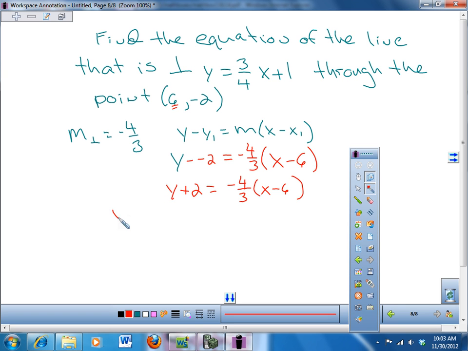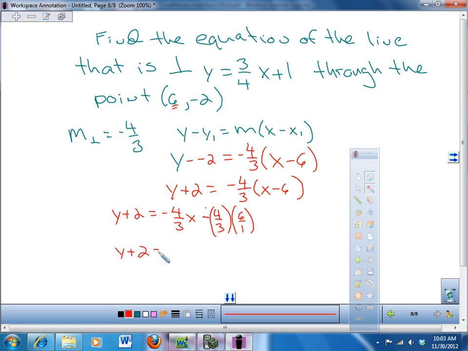You have to go y plus 2 equals negative 4 over 3x, minus this times minus this. So it's minus 4/3 times 6, which is like 6 over 1.